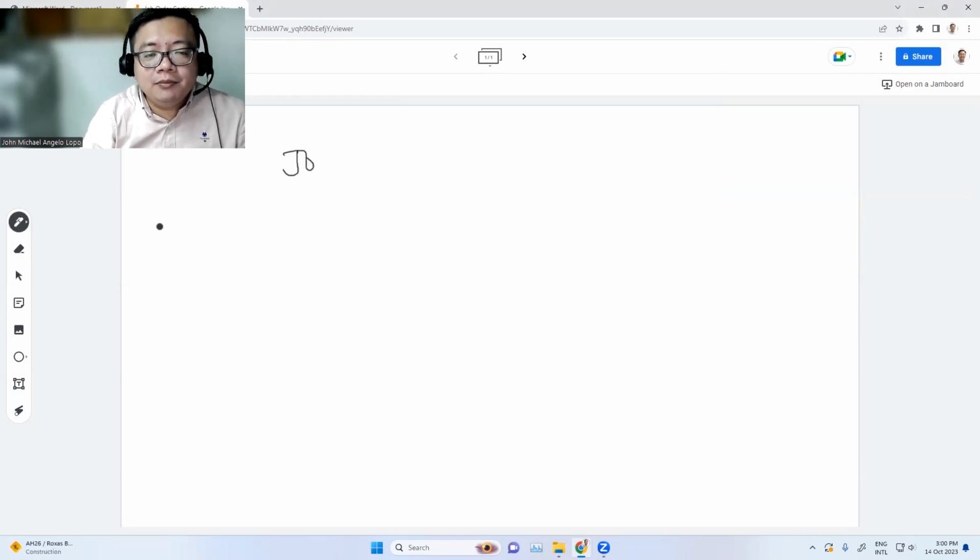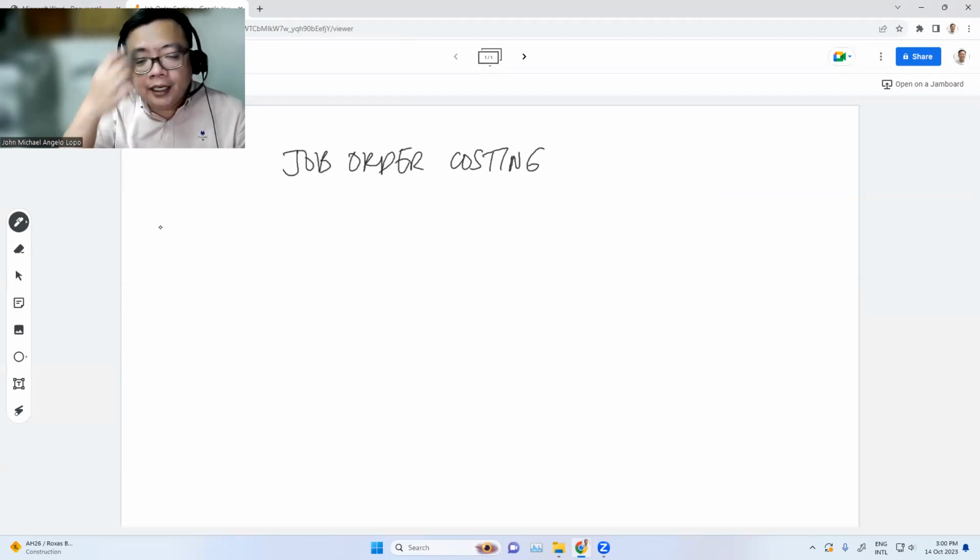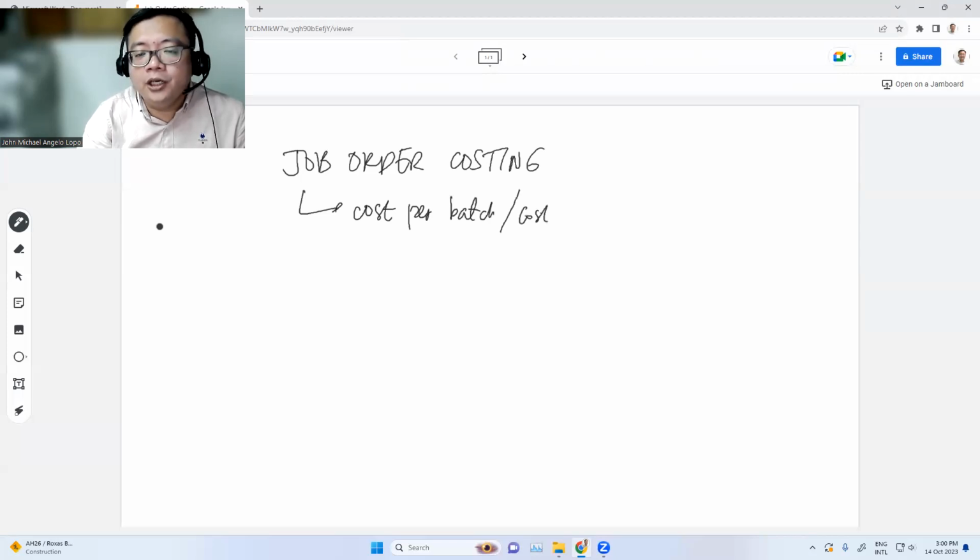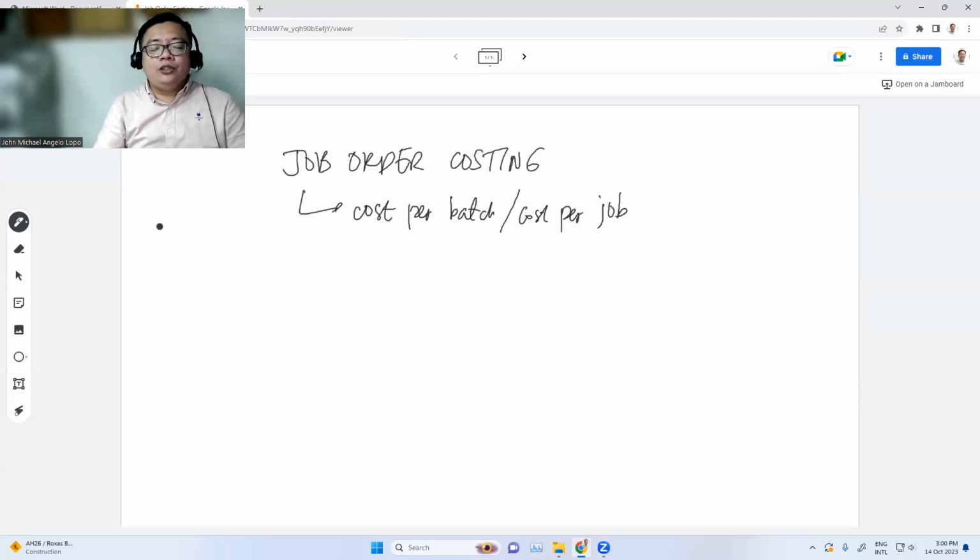So ano bang ibig sabihin ng job order costing system? Okay, so ang sabi, it is also part of your cost accounting wherein ang ating cost ay based on cost per batch. And also it is also cost per job. Kaya nga it is more on the job order costing system.